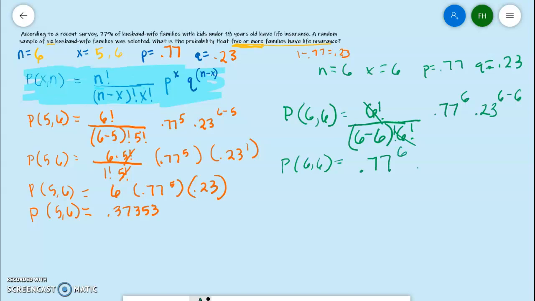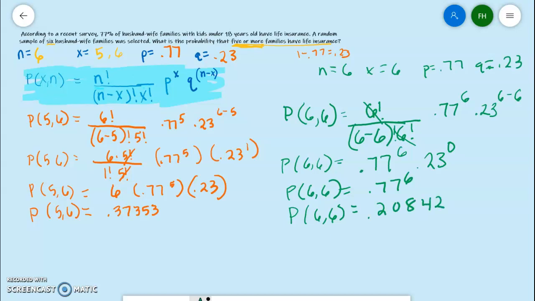And then you end up with 0.23 to the 0 power, which is 1. Anything to the 0 power is 1. So we end up with 0.77 to the 6th power times 1. And that number is going to be 0.20842.